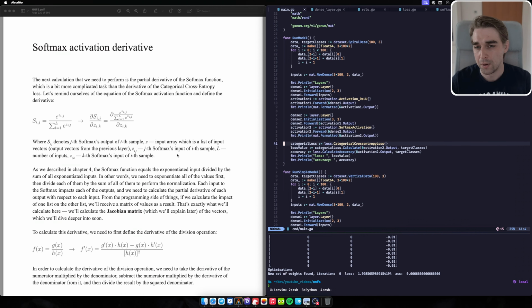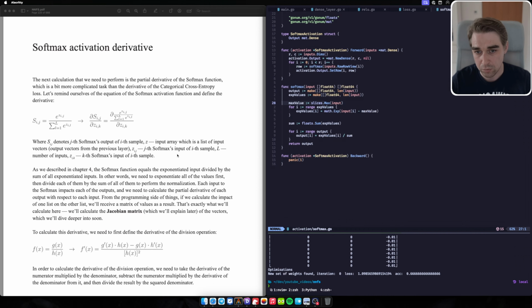We implemented the backward pass for categorical cross-entropy loss, and the only thing that's missing is the activation function. So here we are, but before this, we're going to dive into the math.